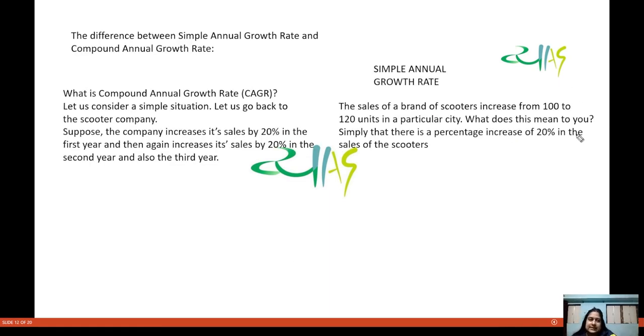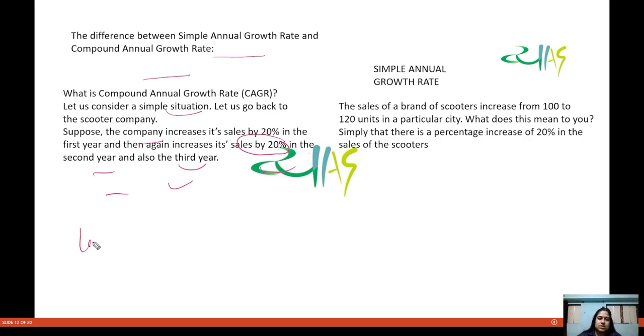Now we will first understand the difference between simple annual growth rate and compound annual growth rate. Now, what is compound annual growth rate? Let us look at a very simple situation. There is a scooter company and it is increasing sales by 20% in the first year, and then again increases its sales by 20% in the second year, and also in the third year.